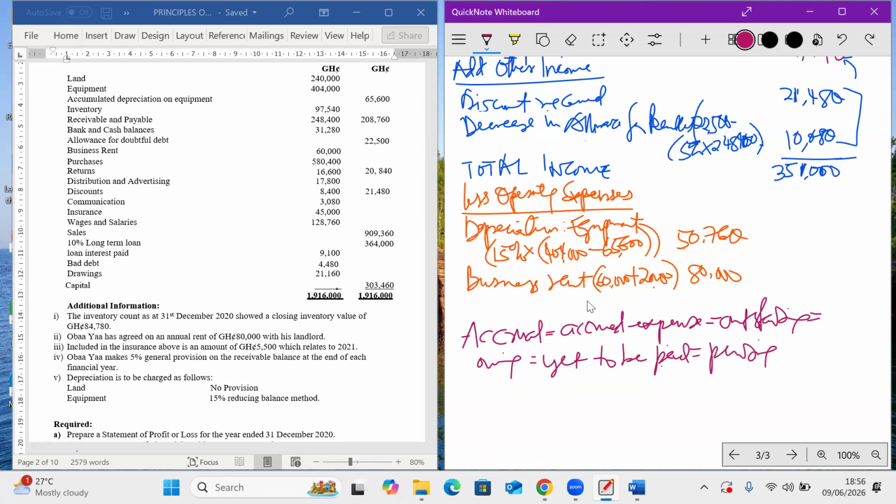When you see all these words, they mean that expense is not paid yet. They have not yet paid it. How do we treat it? I said footnote items are treated how many times?